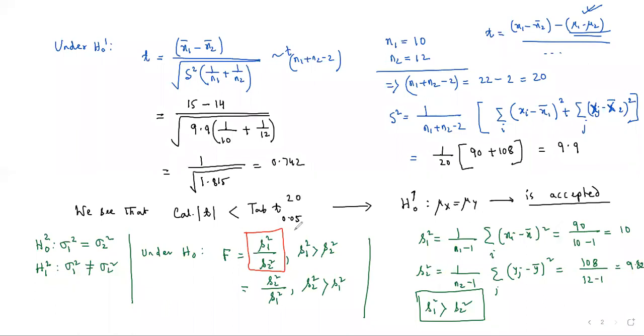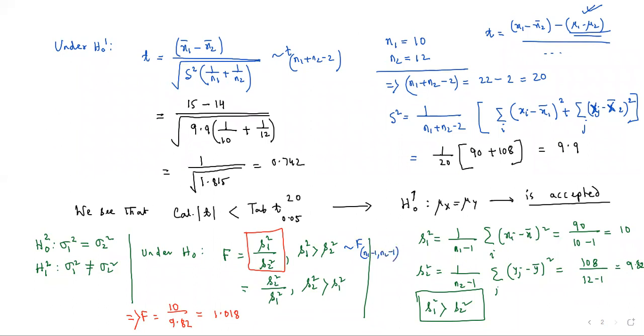Now, when I apply this formula, I get f to be 10 by 9.82, which is coming out as 1.018. And we know that this f actually follows f distribution with n1 minus 1 and n2 minus 1 degree of freedom.